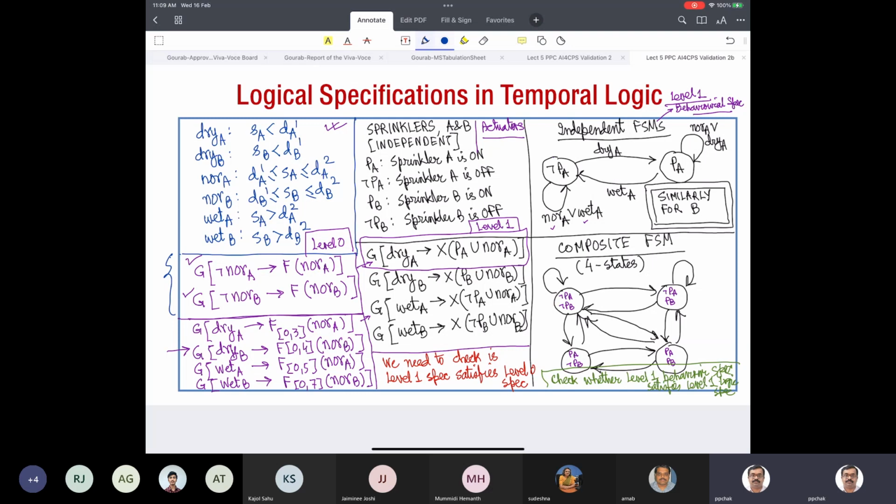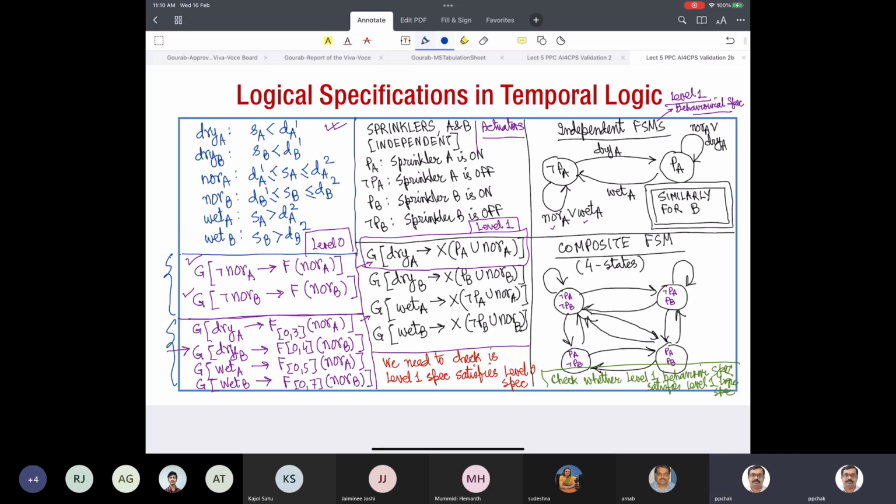We said here, globally dry A implies in future between 0 to 3 time steps, it will become normal. Dry B means between 0 to 4 time steps in the future, it will become normal. Wet A implies 0 to 5 time steps, it will return to normal, and wet B 0 to 7 time steps. This was level 0, and in this level 0 specification, there were no sprinklers.